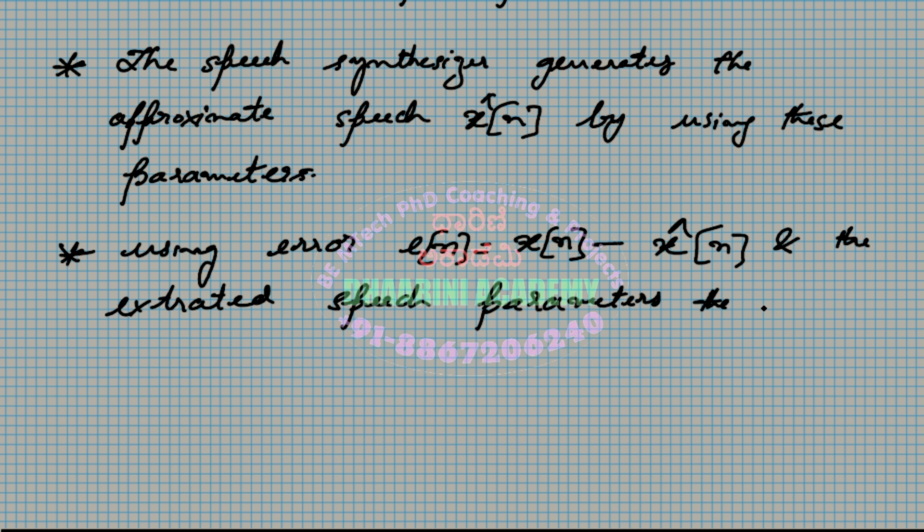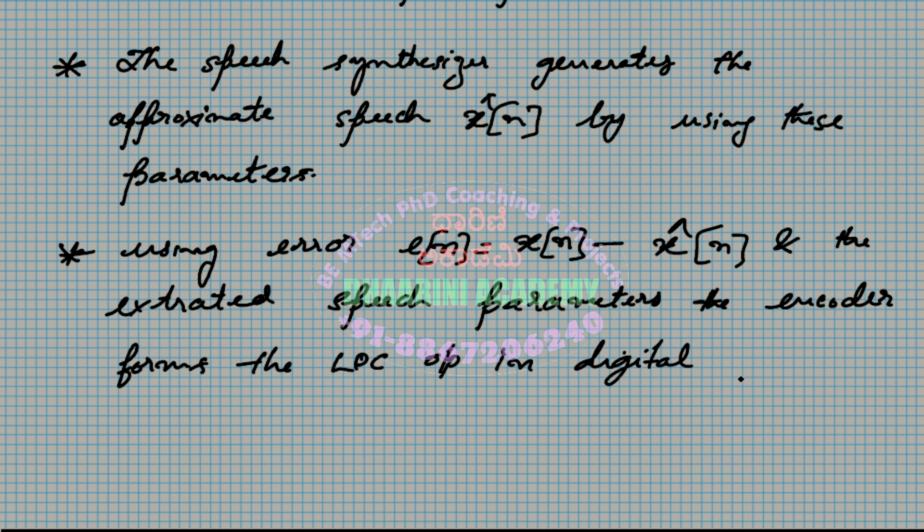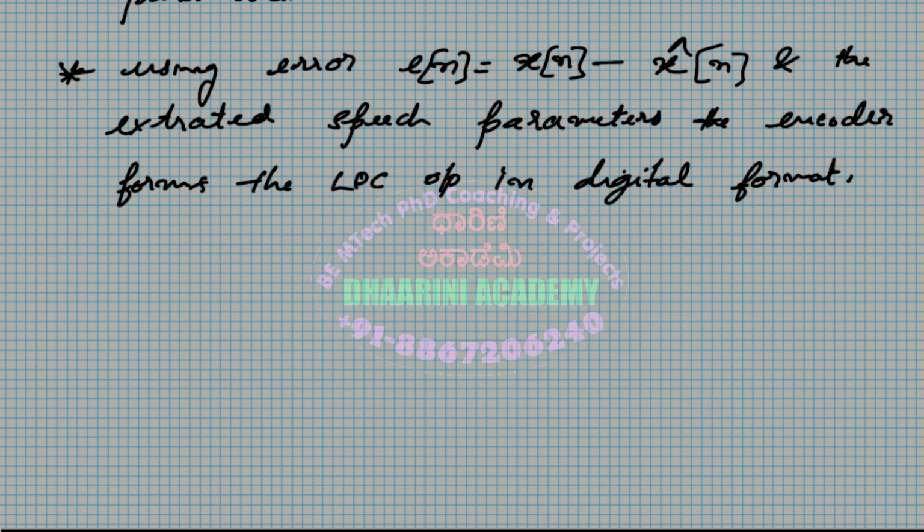The encoder forms the LPC output in a digital format, discrete in nature. That's it. So that's the working of what is called the LPC encoding, or the transmitter.